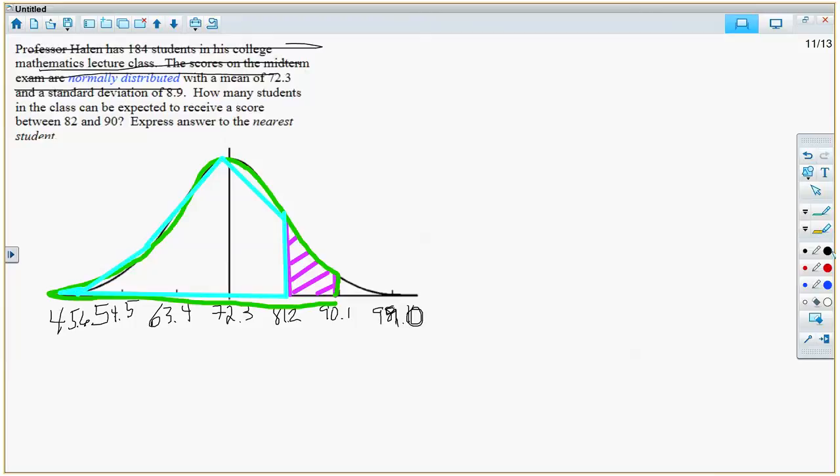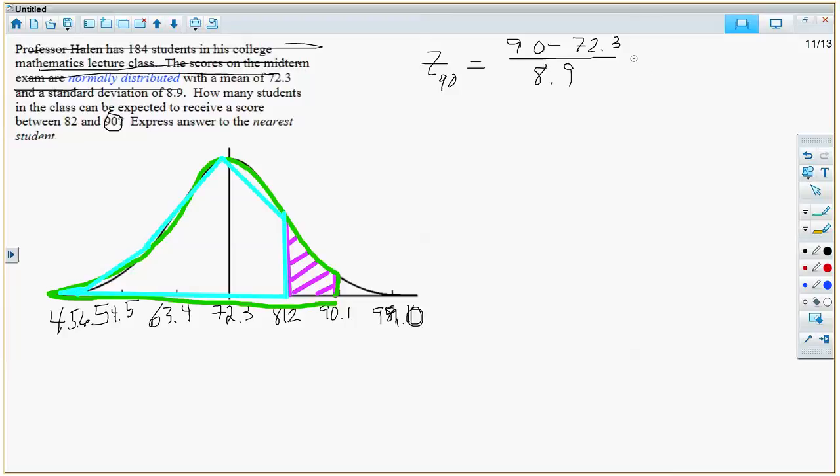Z-scores. So take our handy dandy 90, change it to a Z-score. So Z sub 90 is equal to 90 minus 72.3 divided by 8.9.